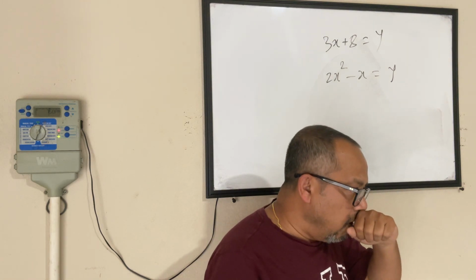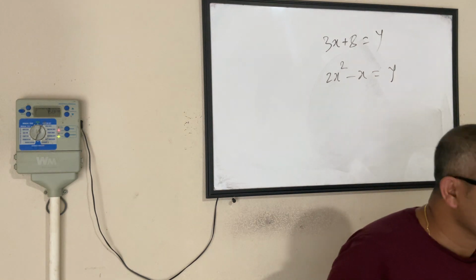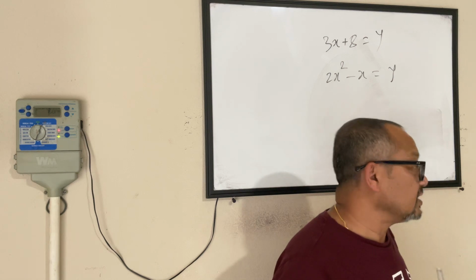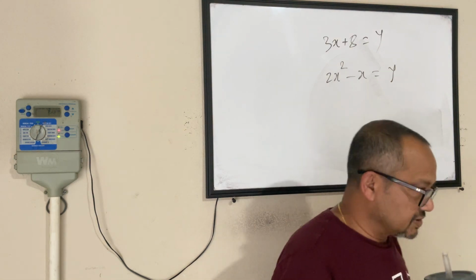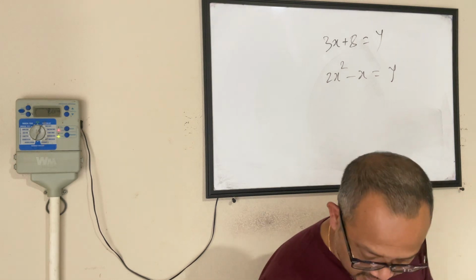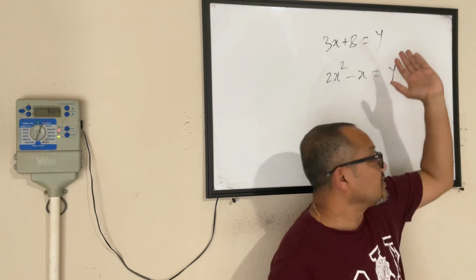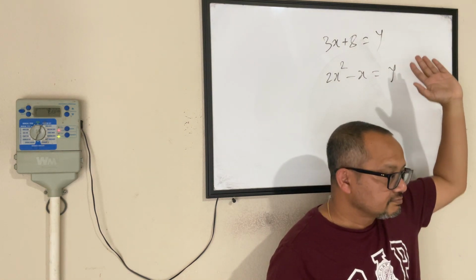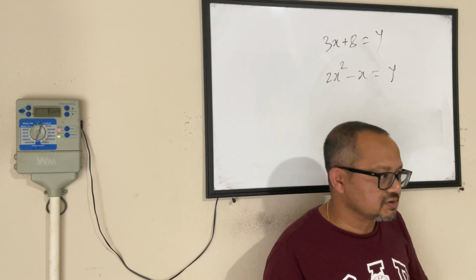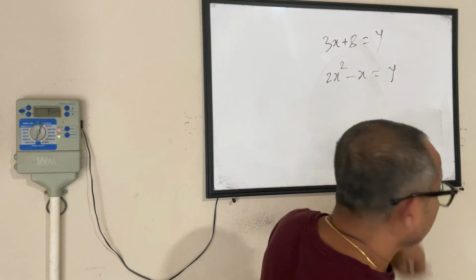The first one is a linear equation, the second one is a quadratic equation. Or you can also say the first one is a linear polynomial, the second one is a quadratic polynomial. Both go the same way.